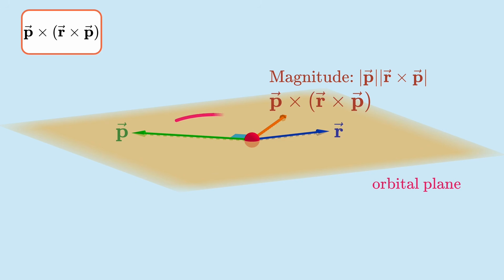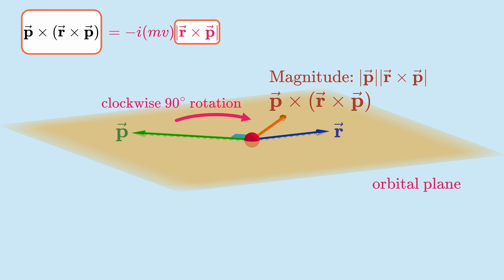In this setup, going from p to the triple product is a clockwise 90-degree rotation. In the language of complex numbers, this is mv, the complex number associated with the vector p, multiplied by negative i. We multiply by the magnitude of r cross p to match the magnitude of the vector.